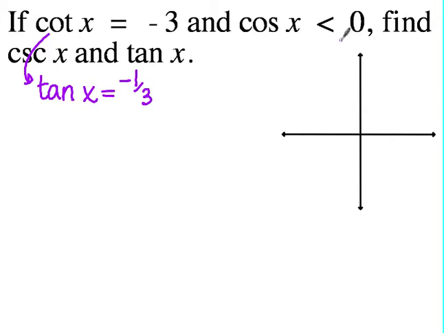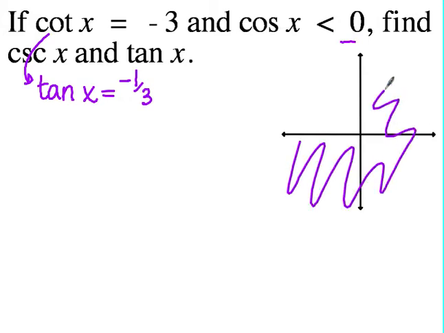So I'm looking for the quadrant where cosine is negative and where tangent is negative. That's in quadrant 2. So basically, I cancel out all of the others, and that leaves me with quadrant 2. And so let's go ahead and draw in a triangle here.